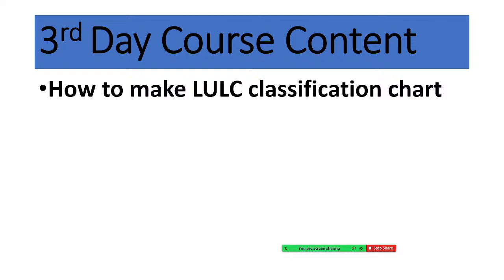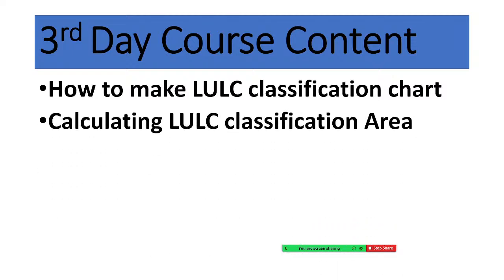After you make the land cover classification for any region, you may want to show how much built up area, vegetation or bare land is available in your particular region, and present it as a bar chart or column chart. I will also show you this part.